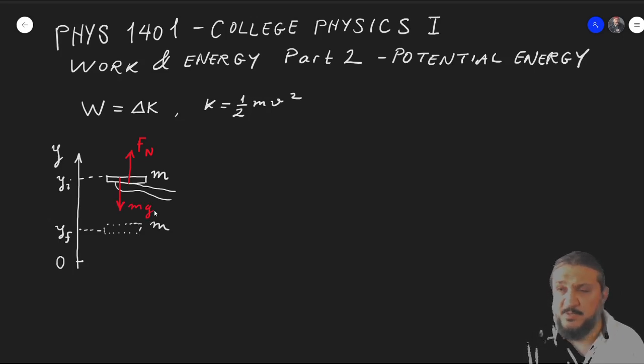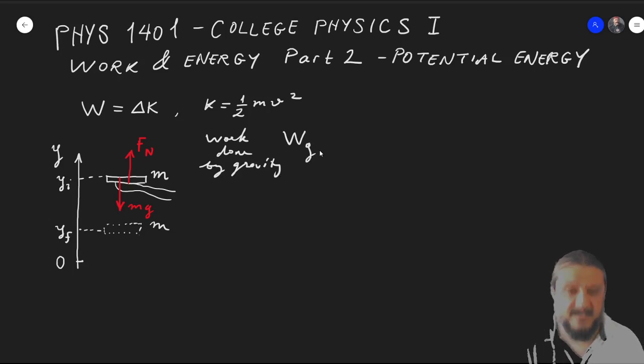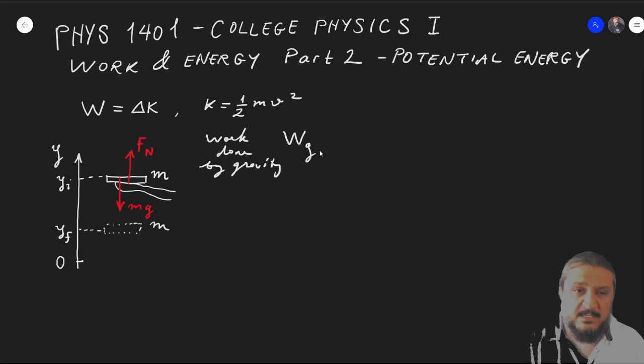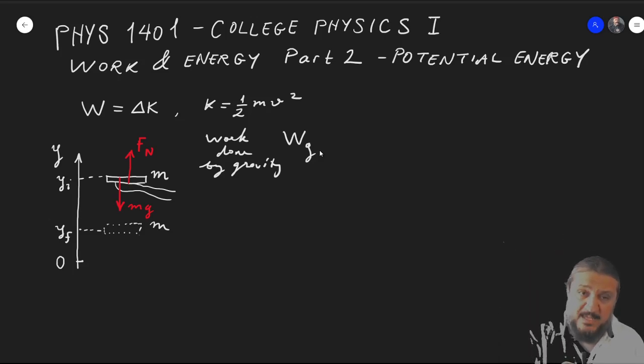So let's start with the work done by gravity. Work done by Earth, or gravitational force, or gravity. W_G, let's say. Now the displacement is downward, and the force mg is also downward, right?